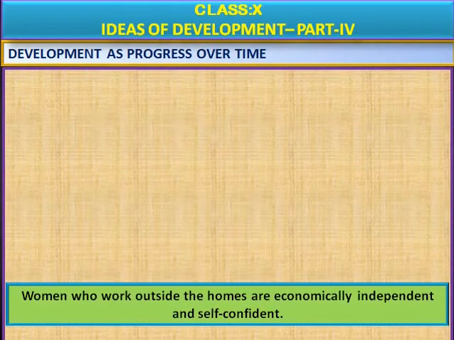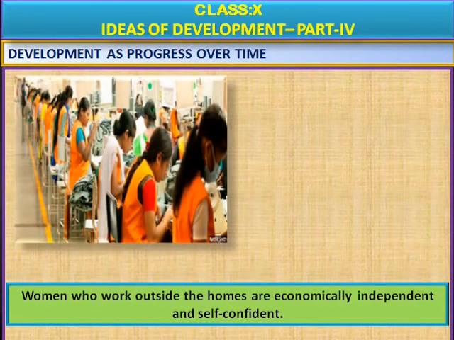Another major consideration is that many Himachali women are themselves employed outside the home. Women who work outside the home are economically independent and self-confident. They have a greater say in household decisions, including children's education, health, birth, maintenance, etc.